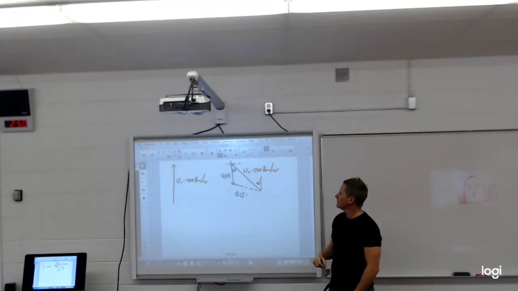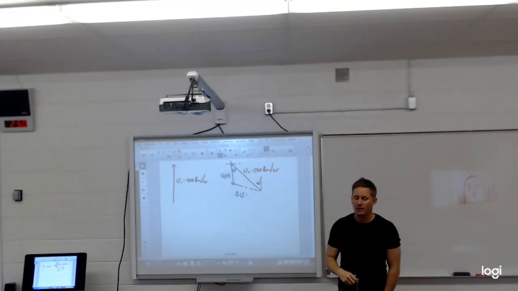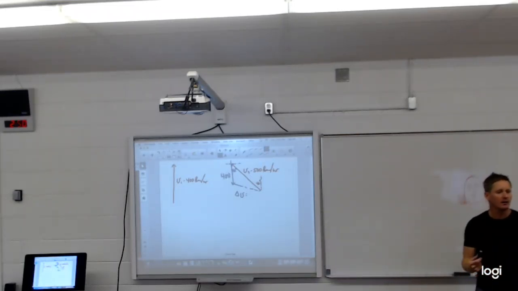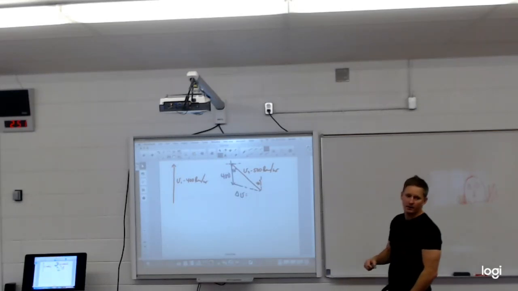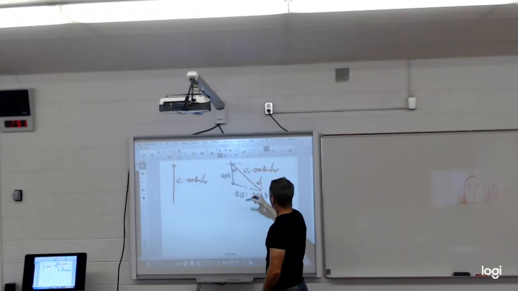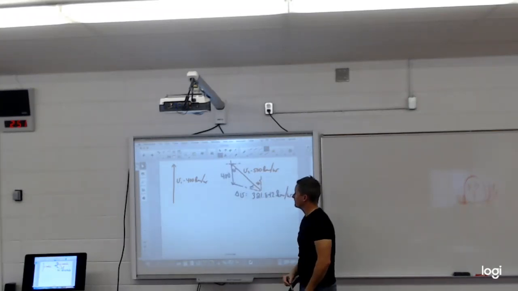All right. So square root of 400 squared plus 500 squared minus 2 times 400 times 500 times the cos of 40. 321.842, I believe. Thank you. Okay, and then I need to find that angle right there.